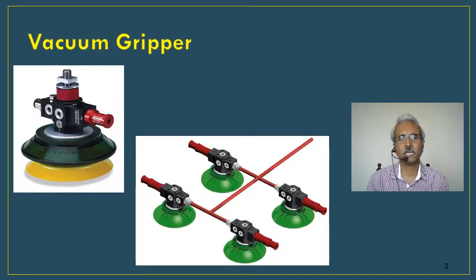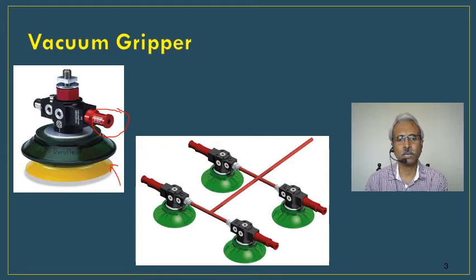Here you can see on the left hand side, this is connected to the vacuum pump, and this is the suction cup which we were talking about. In this case there is only one vacuum cup.